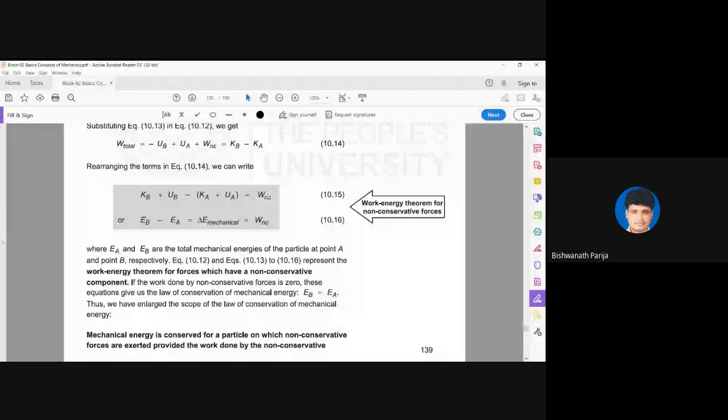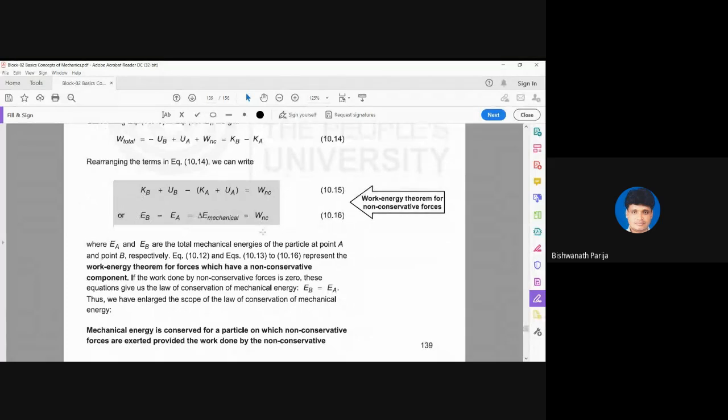Final mechanical energy minus initial mechanical energy equals work done. Here EB means final total mechanical energy, EA means initial total mechanical energy. This is called the mechanical work energy theorem. Everyone clear?